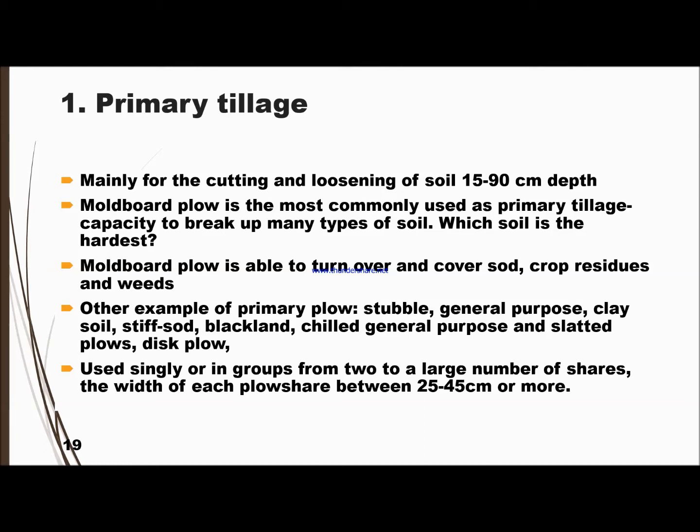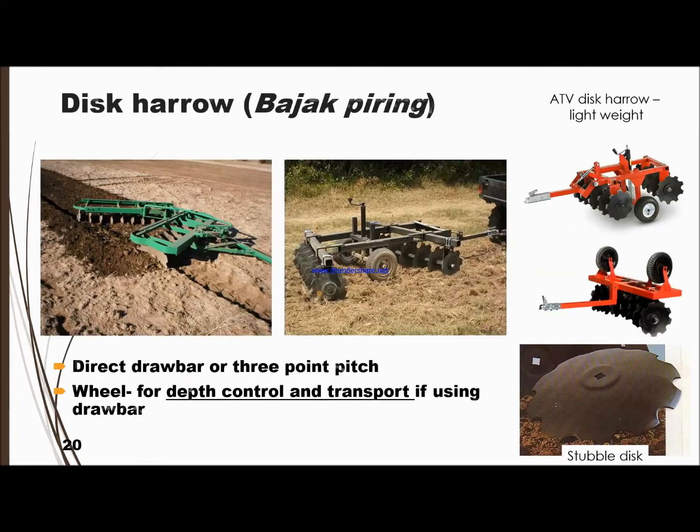So in terms of primary tillage, you can have many sets of tillage tools and assemble them in a frame, and then you can share maximum up to 45 centimeter wide.